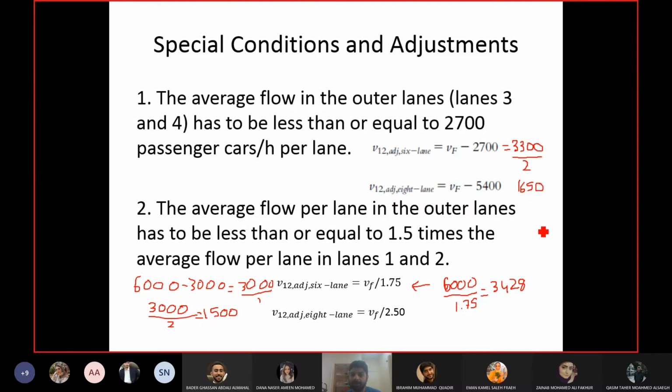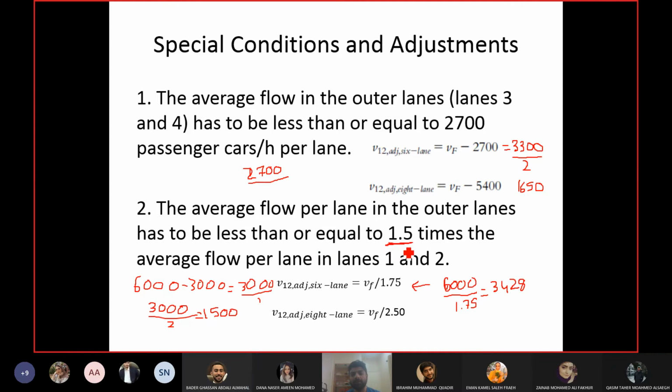How much will be the ratio? Let me do 2,700 upon 1,650. How much is the ratio? 1.64. So you are still not fulfilling this one, right?